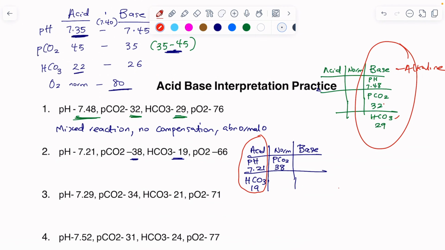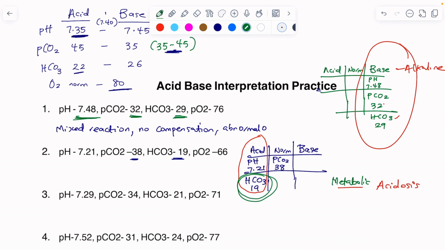The first thing you want to look at in any interpretation is the pH. If the pH is acidic, know that our answer is going to be something about acidosis. You look at the pH first. After looking at the pH, you look at whatever falls under acidosis. In this case, it is our HCO3, which is the metabolic. So it's going to be metabolic acidosis.